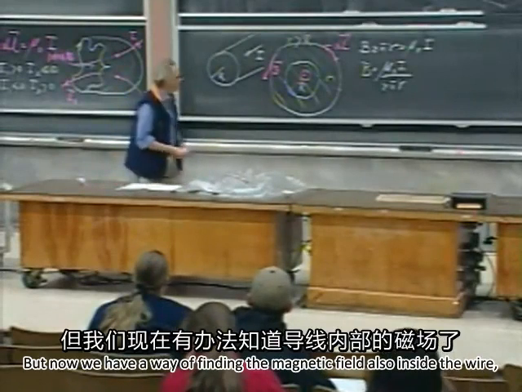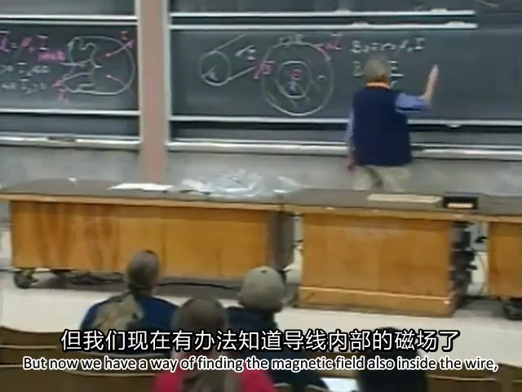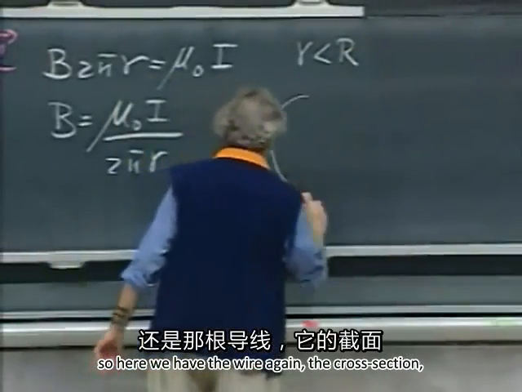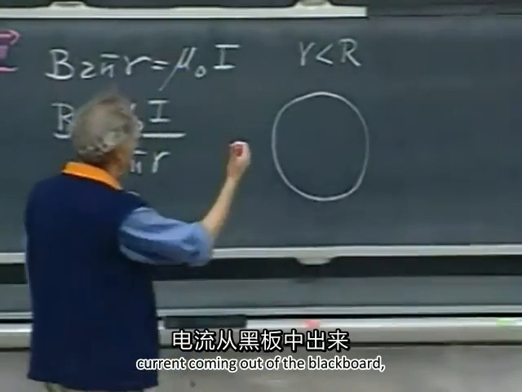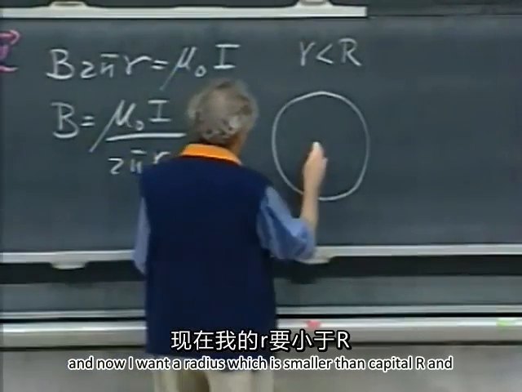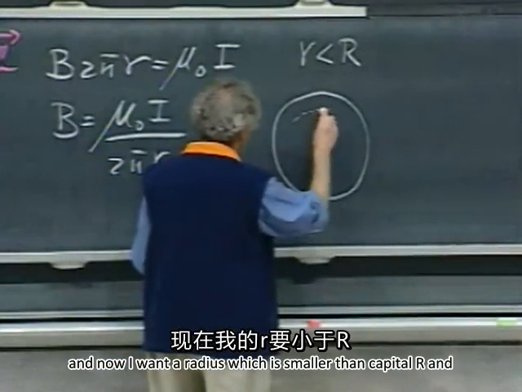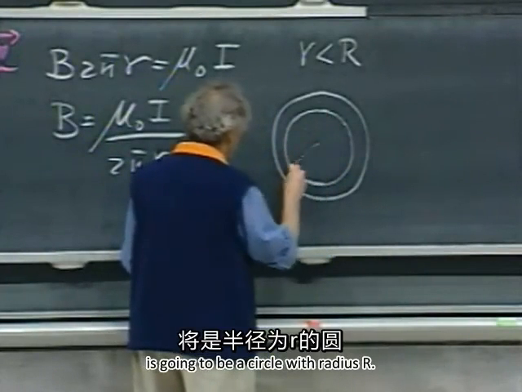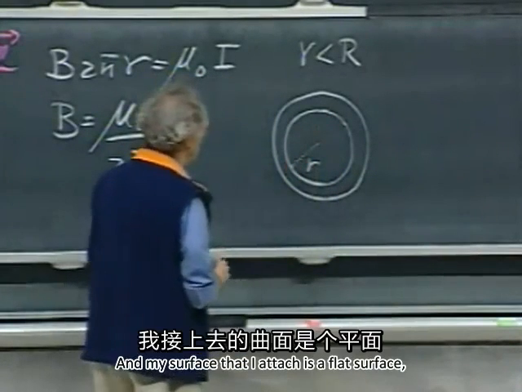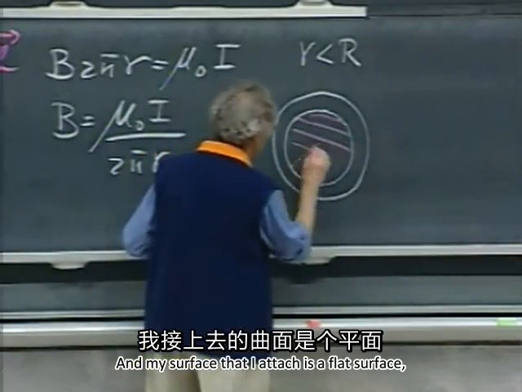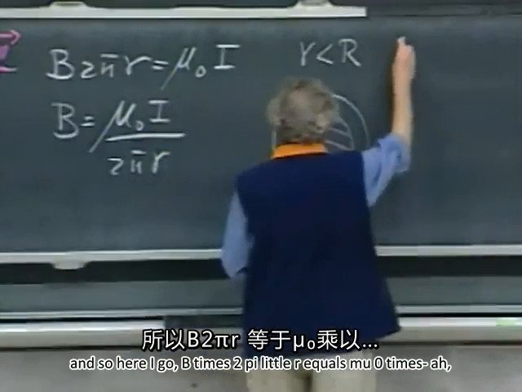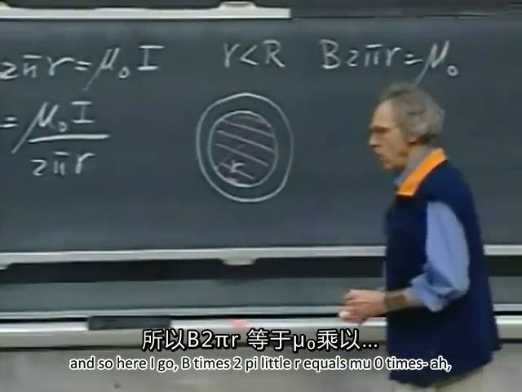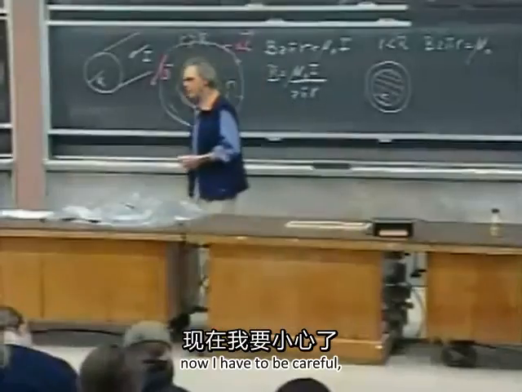But now we have a way of finding the magnetic field also inside the wire. So here we have the wire again, the cross-section, current coming out of the blackboard. And now I want a radius which is smaller than capital R. And of course, my closed path, again for reasons of symmetry, is going to be a circle with radius little r. And my surface that I attach is a flat surface. And so here I go, B times 2 pi little r equals mu 0 times, now I have to be careful.